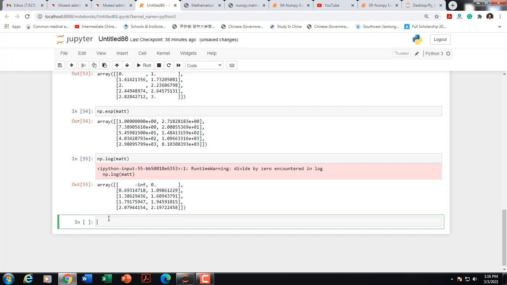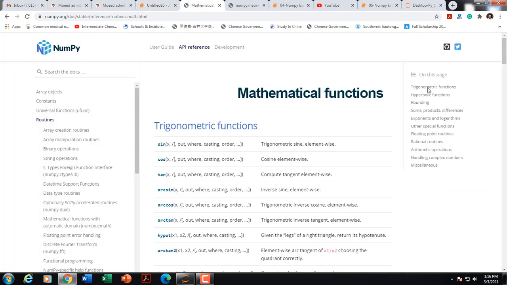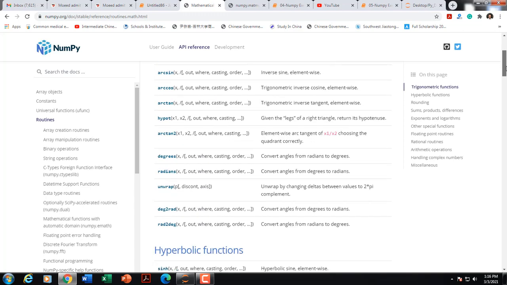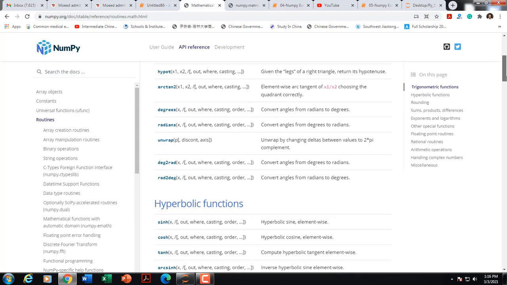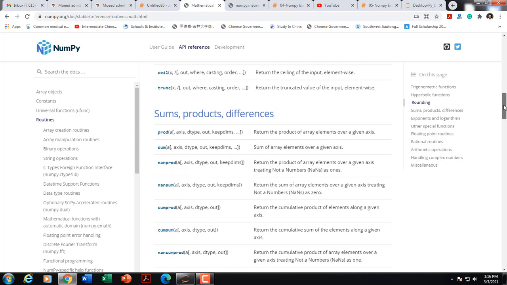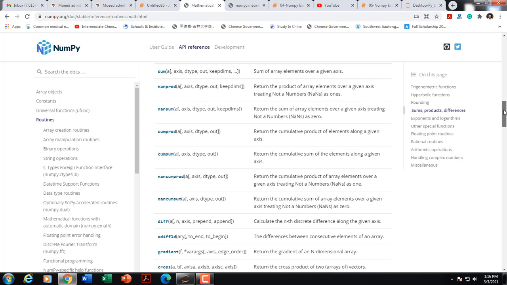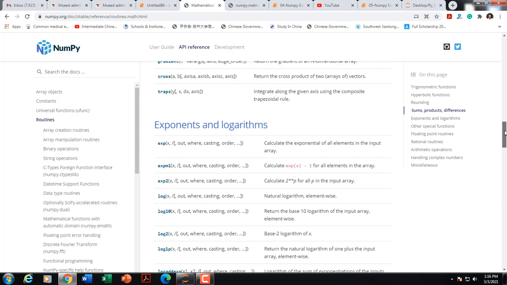So yeah, for any one of you who's trying to practice and look at even more NumPy operations, this is a link, and I'll leave this link in the description, where you guys can go over and see all of the operations that NumPy has in its store.